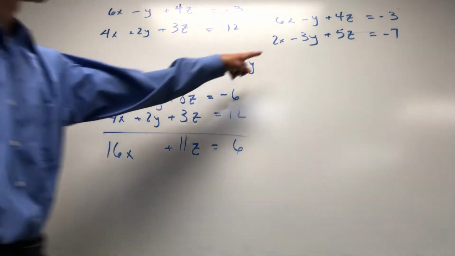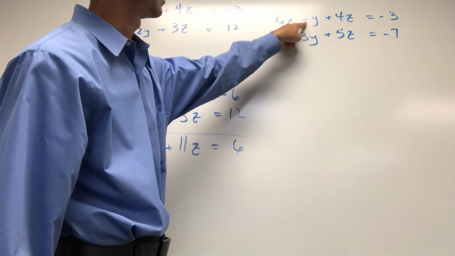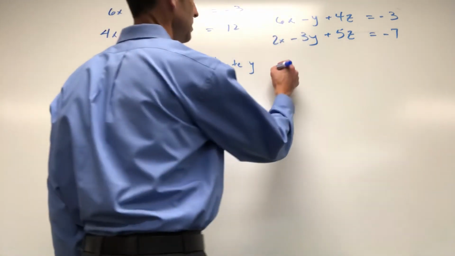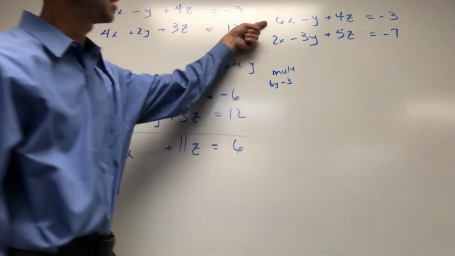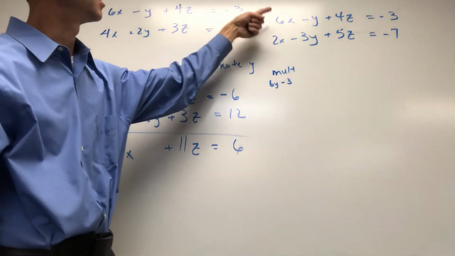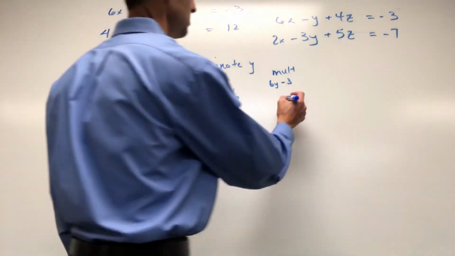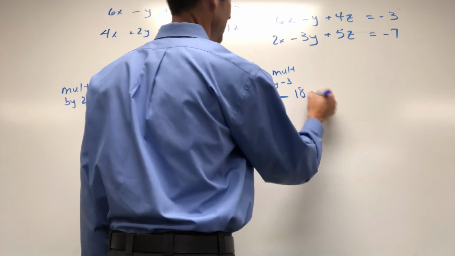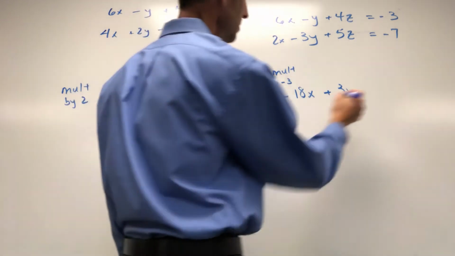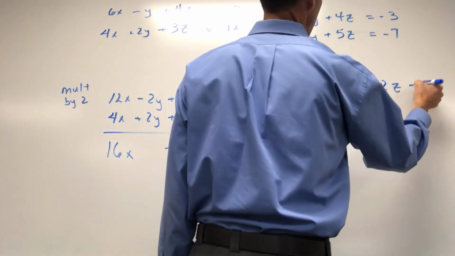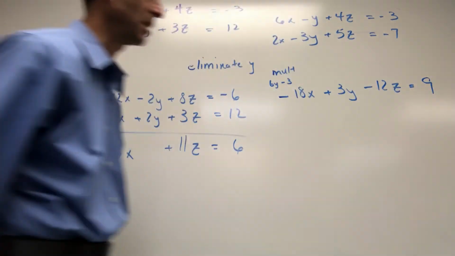Now over here, this is already negative 3, so I've got to get this one to become a positive. So let's hit this guy. We're going to multiply by negative 3. Let's take this top equation all the way across, times negative 3, times negative 3, times negative 3. So this becomes negative 18x, positive 3y, negative 12z, and then negative 3 times negative 3 becomes positive 9.